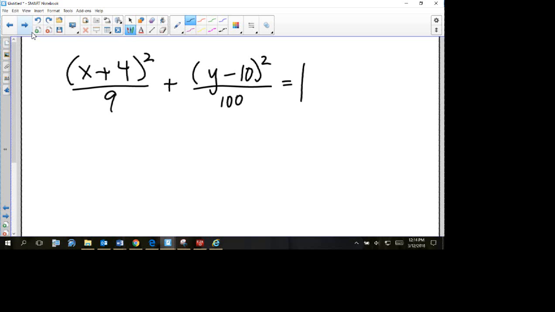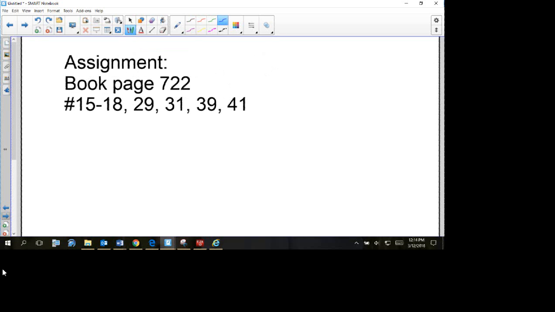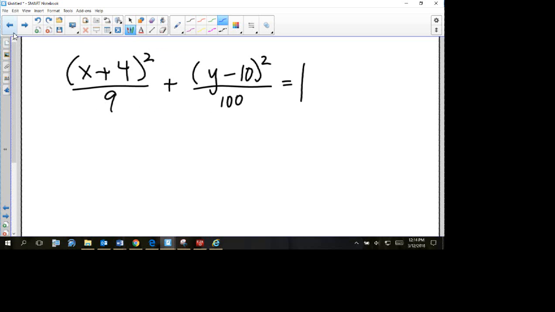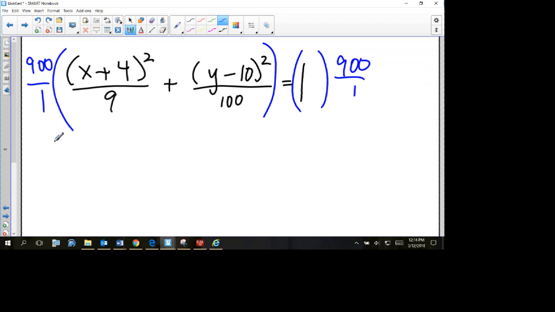What number do 9 and 100 go into? 900. So if I multiply both sides of the equation by 900 over 1, that means over here on this side, I'm actually distributing that 900 to both terms.